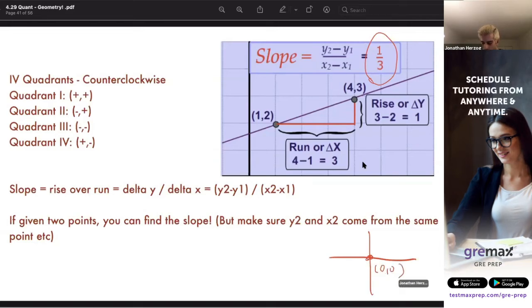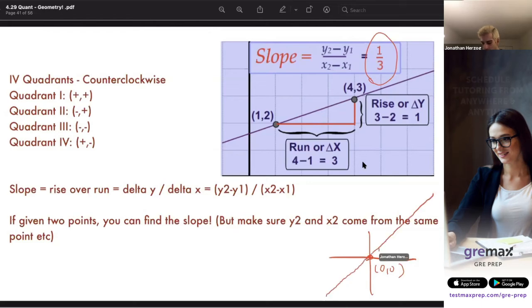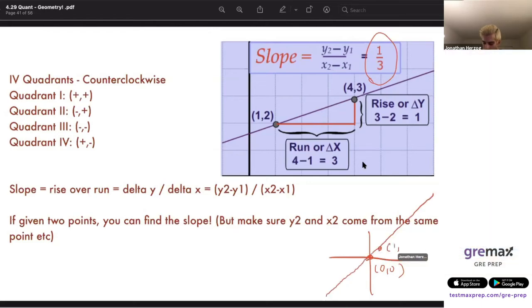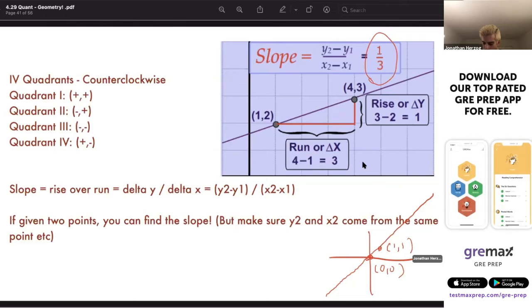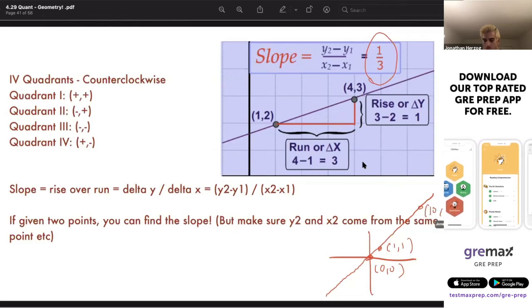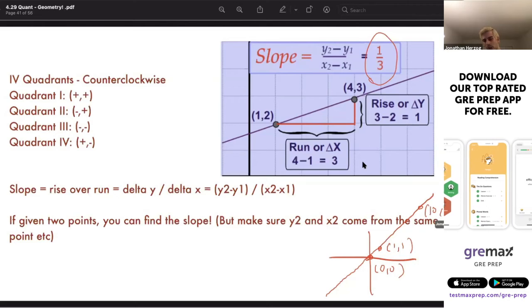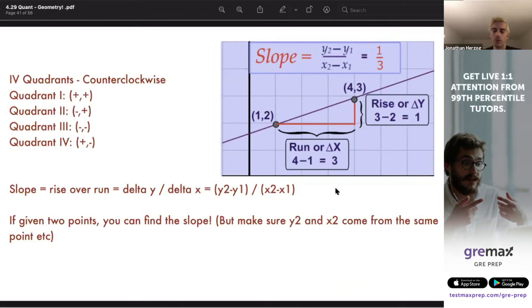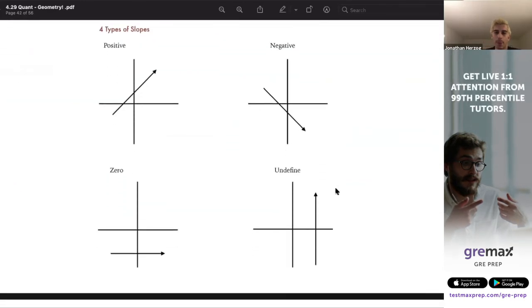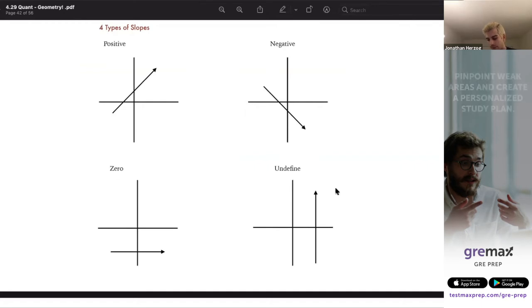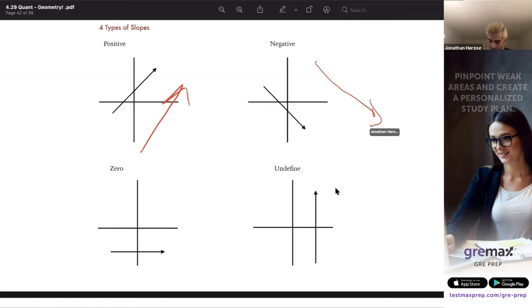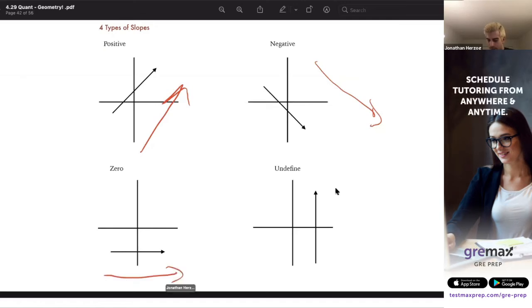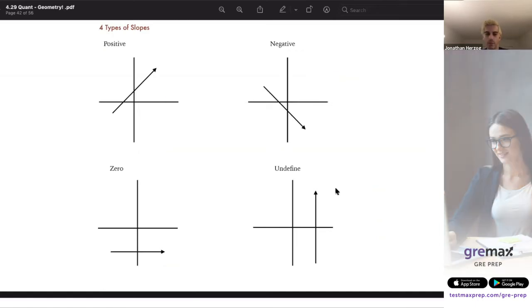A slope of 1 looks like a straight line through the origin that goes to the points 1, 1, 10, 10, where the change in y is exactly equal to the change in x, a straight line with a slope of 1 through the origin. 4 types of slope: positive, up and to the right; negative, down and to the right; 0, like the x-axis; undefined, like the y-axis, because you can't divide by 0.